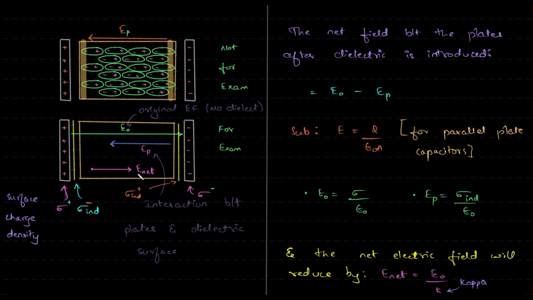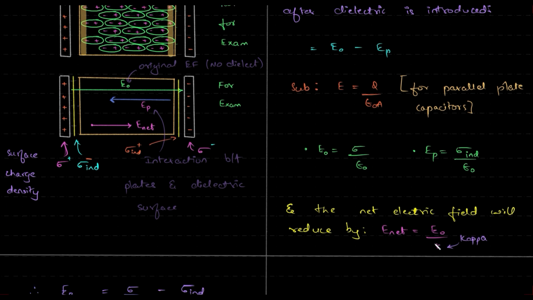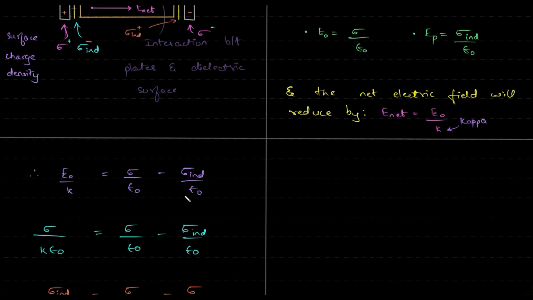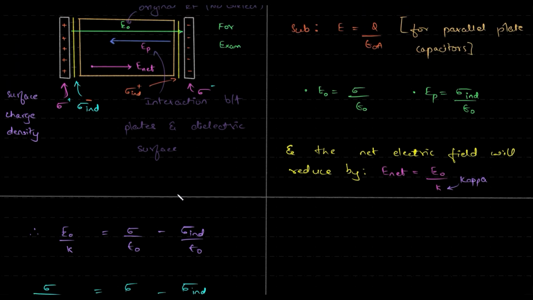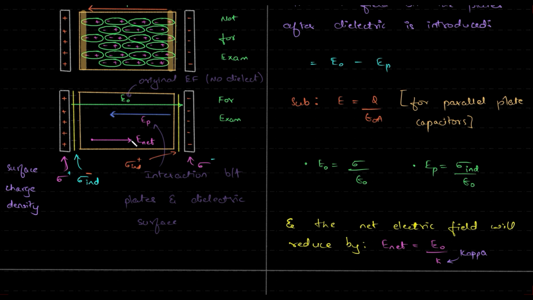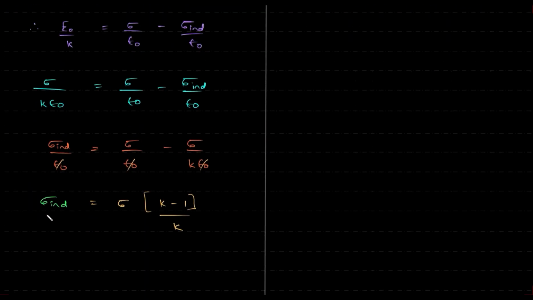So how did we do that? We know that we can add and subtract vectors, and that's what we just did. The net effect is that we have a reduction of the field by kappa, the dielectric constant that we know for a fact, and that expression we equated to the other set of expressions that we got from the diagram. On substituting, we ended up with how much induced charge we are looking at.